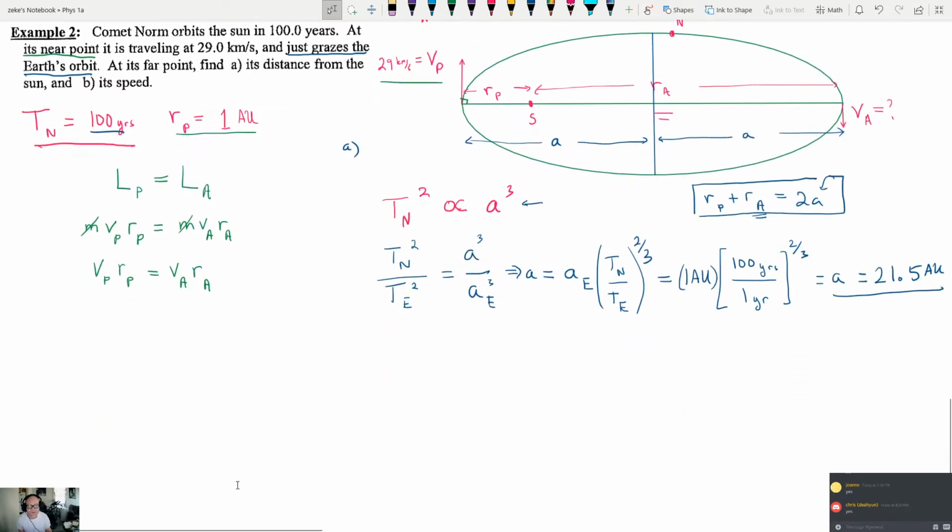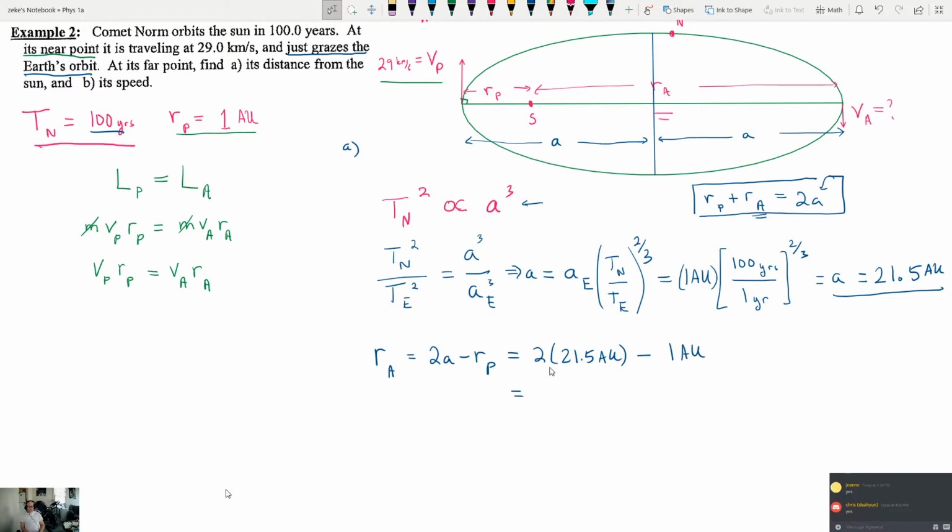So let's scroll down just a little bit. Now we can say that R sub A should be equal to 2A minus RP. And RP we know, so this is going to be 2 times 21.5 AU minus RP, which is 1 AU.